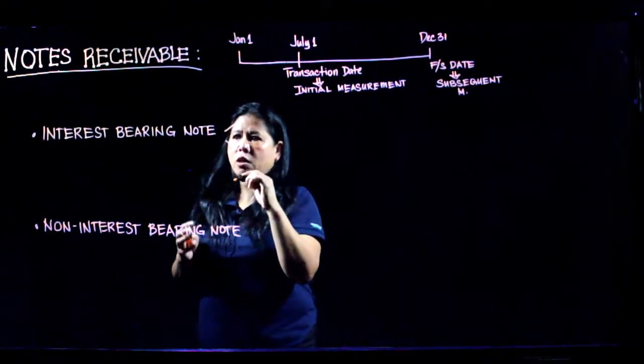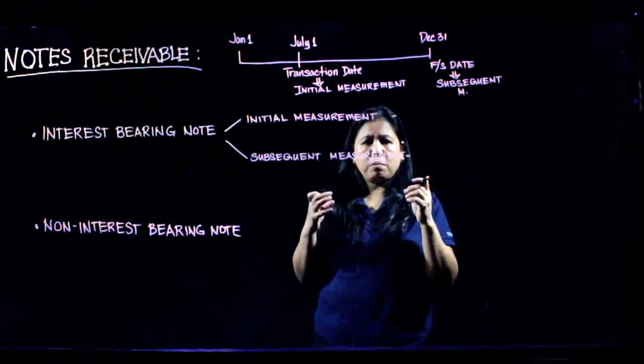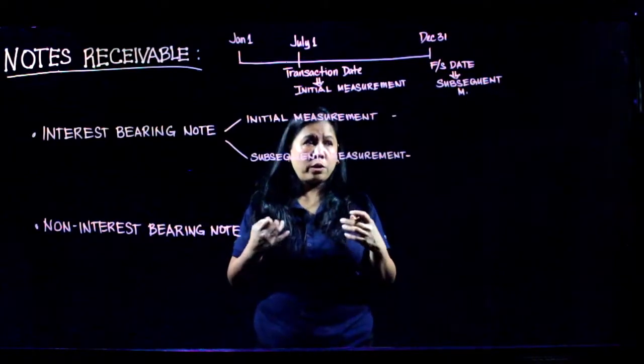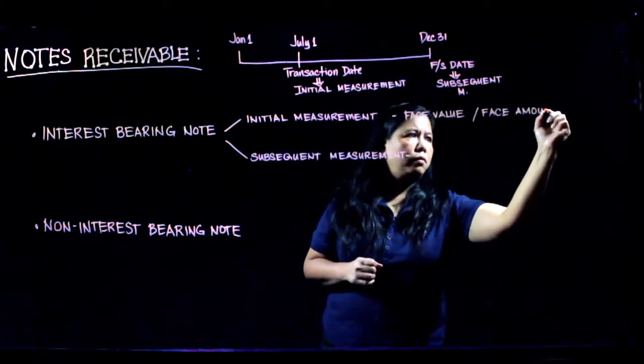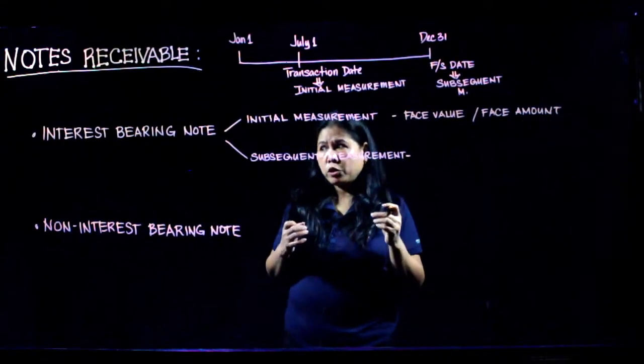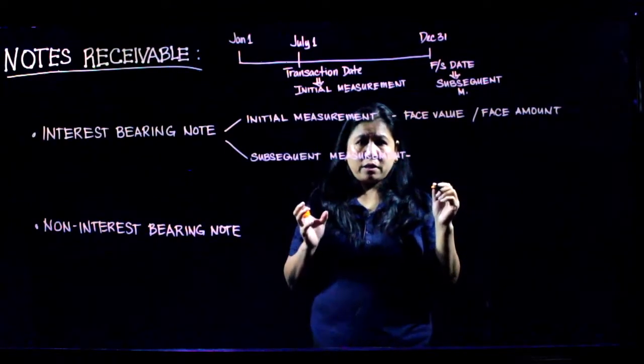Initial measurement of an interest-bearing note: we initially measure this at face value, or the face amount of the promissory note. The subsequent measurement of this interest-bearing note will be the net realizable value.